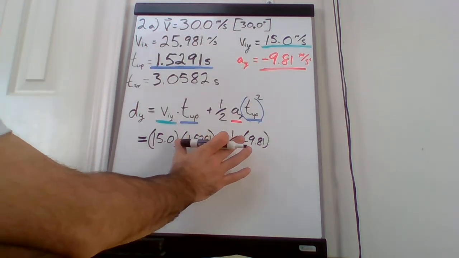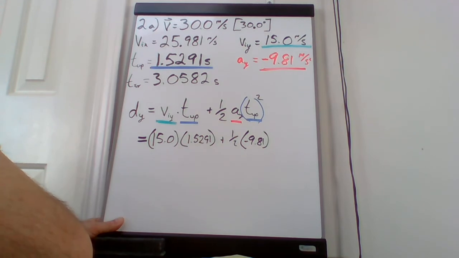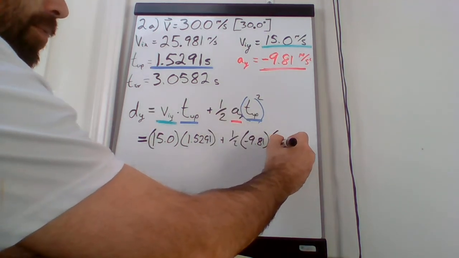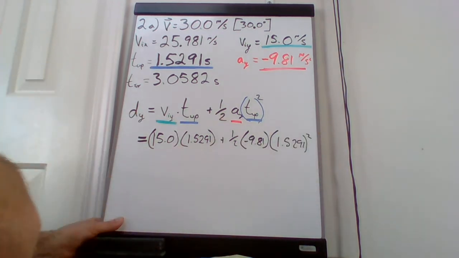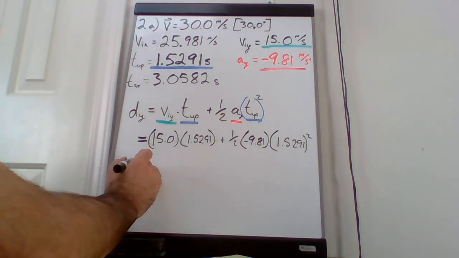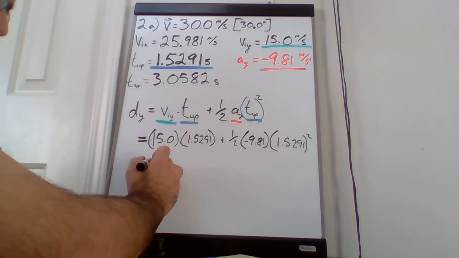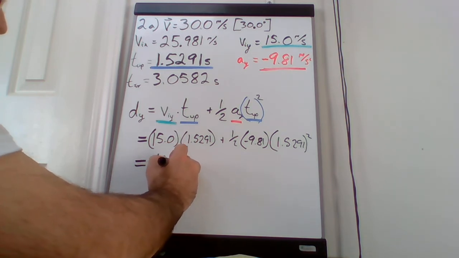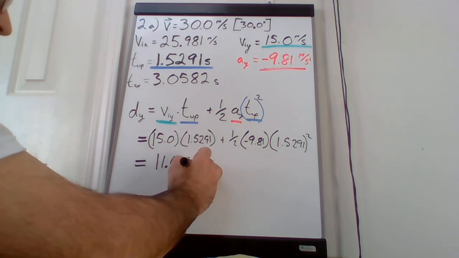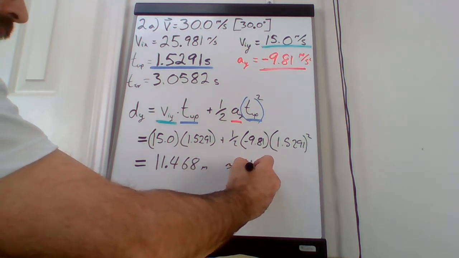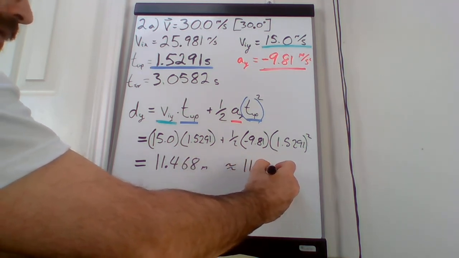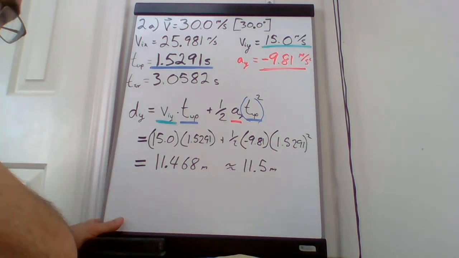We need to make sure that we have those opposite signs. And then 1.5291 squared. Plug that all in. I get a value of 11.468 meters, which is approximately 11.5 meters when we consider sig figs.